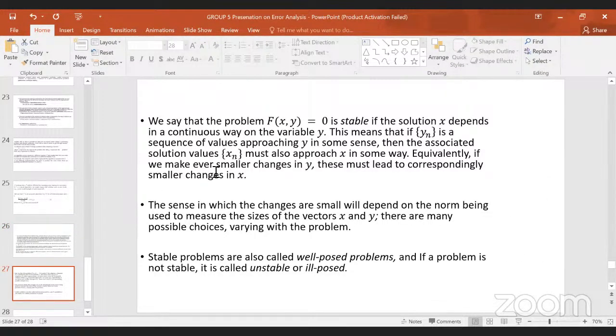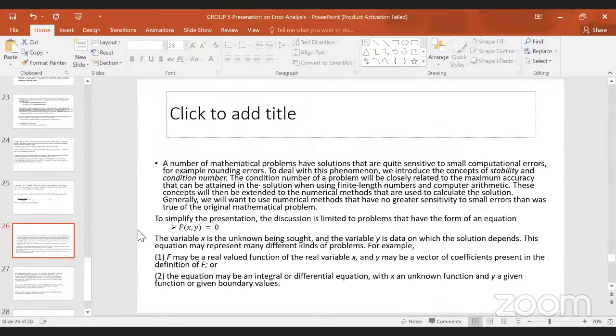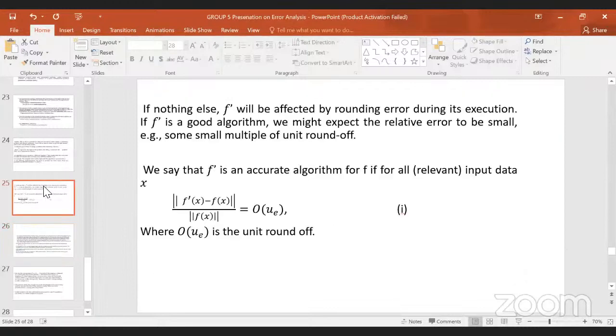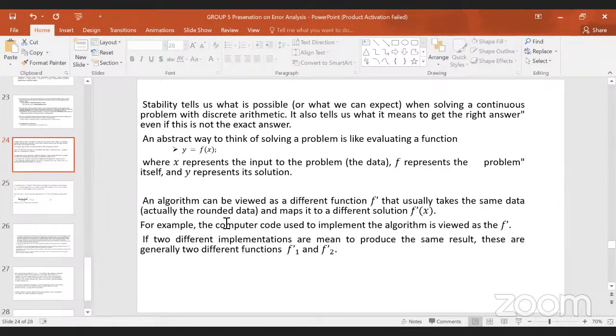Excuse me, I have a question. On your previous slide, I think number 25, is that f prime of x a differential of f of x? How did you get the f prime of x?